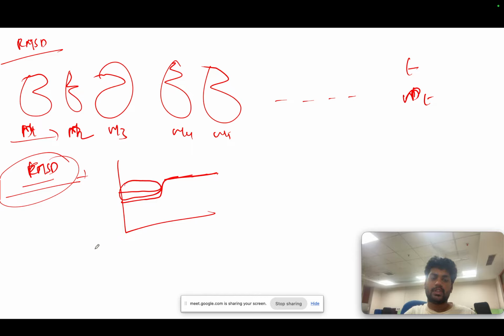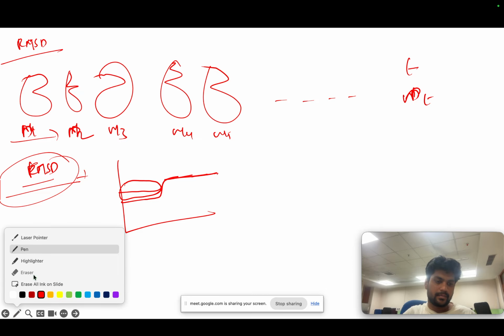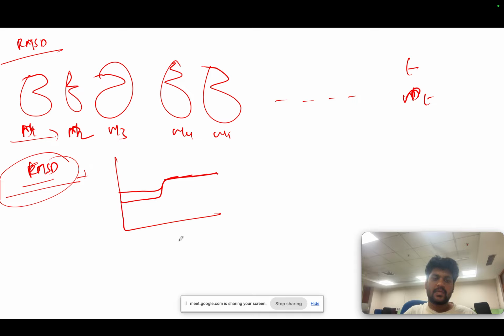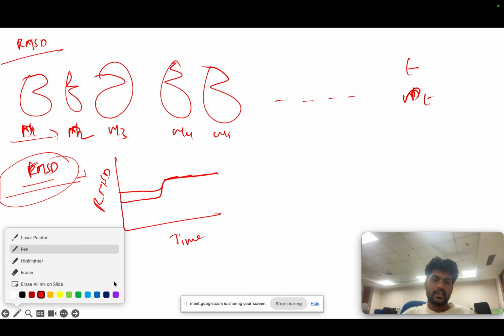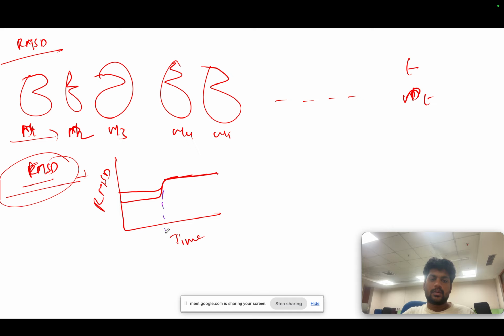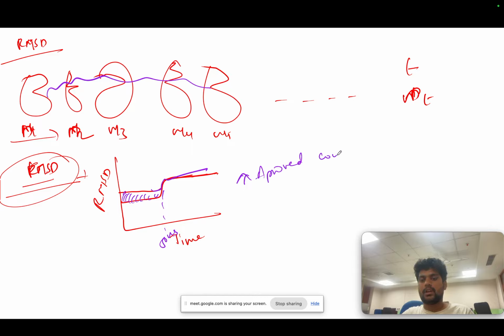Suppose this is time and this is RMSD, and over 50 nanoseconds there is an exponential increase. It means initially the fluctuations are more compared to the final stages, so the approved drug has shown some effect compared to no drug.